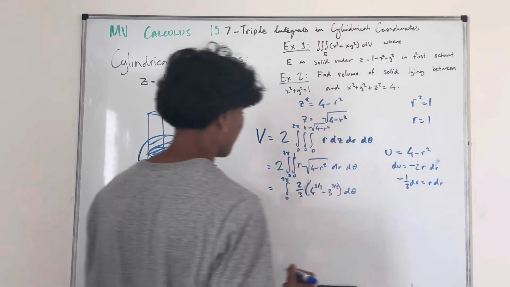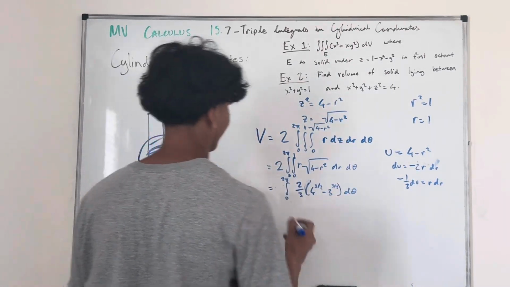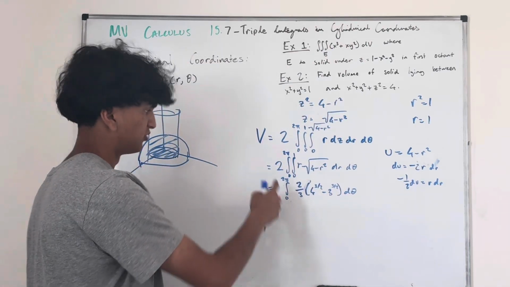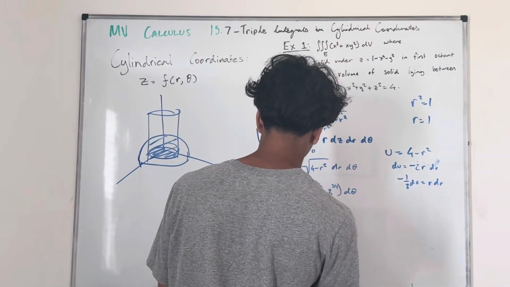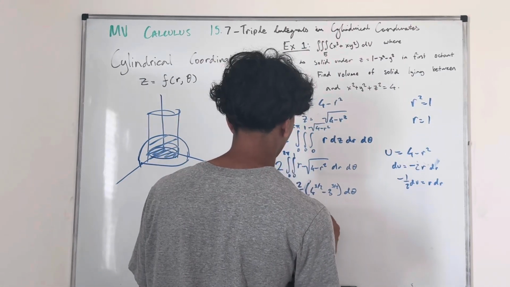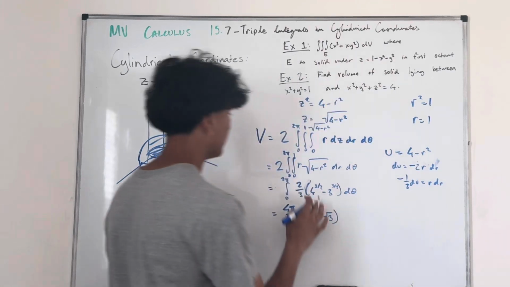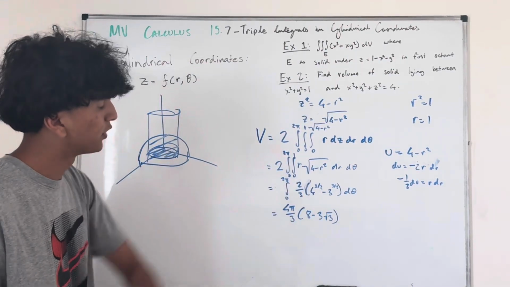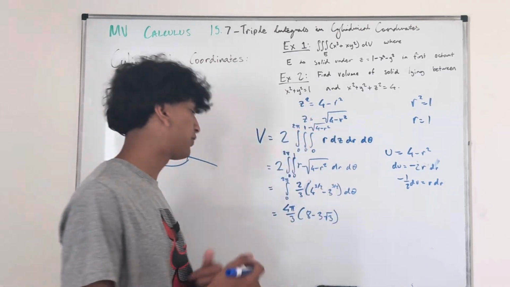There's no theta in this, so this is the same as just multiplying by 2 pi, and then I would get 4 pi over 3 times, and this becomes 8 minus 3 root 3 when I simplify. Because this is just doing the square root of 4 and then taking it to the 3rd power, I get 8.